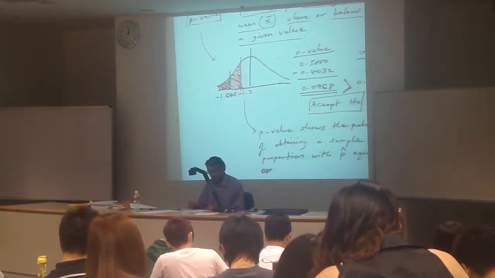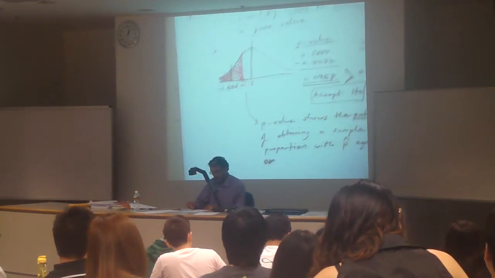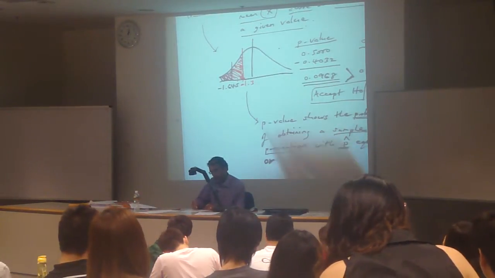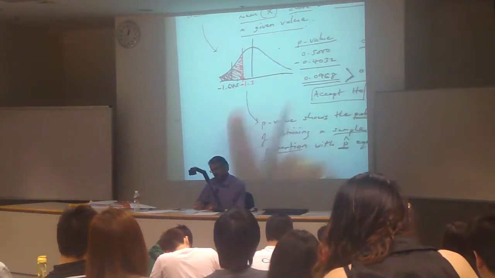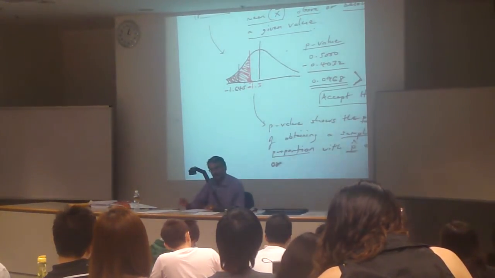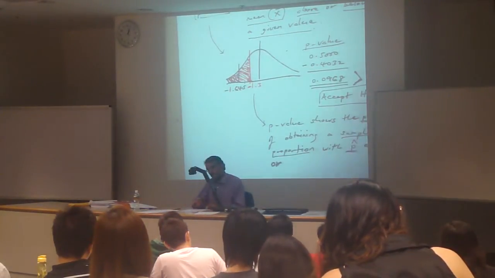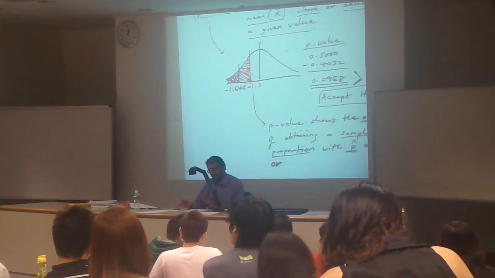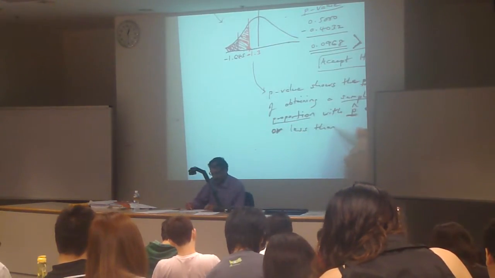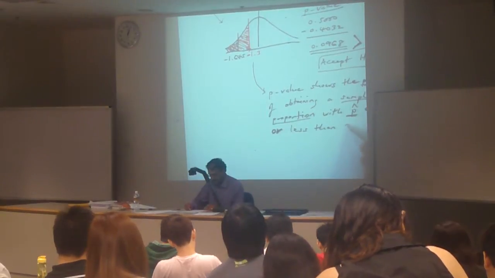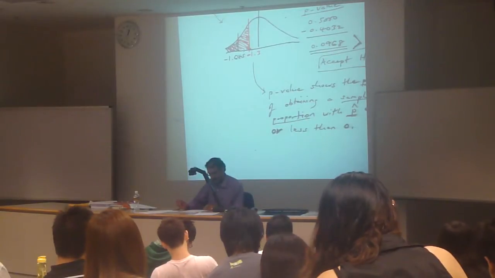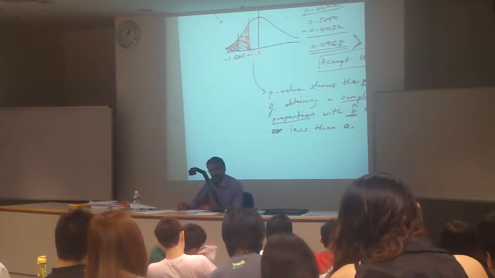In this case, P value shows the probability of obtaining a sample proportion P hat equal to or, because the definition is either above or below, so more than, less than. This one is area to the left or area to the right? Left. Area to the left you must say equal to or less than 0 point. Proportion less than 0 point.